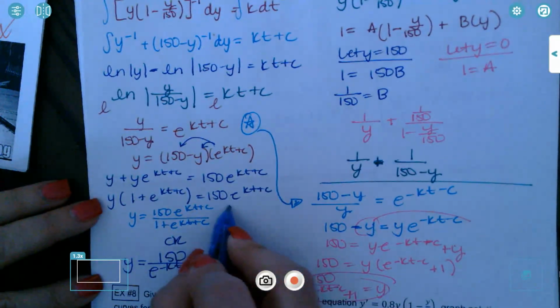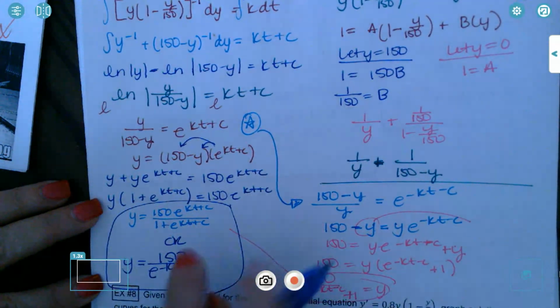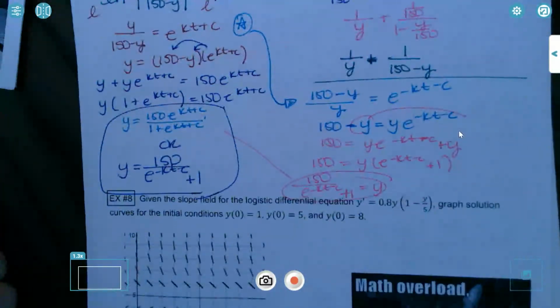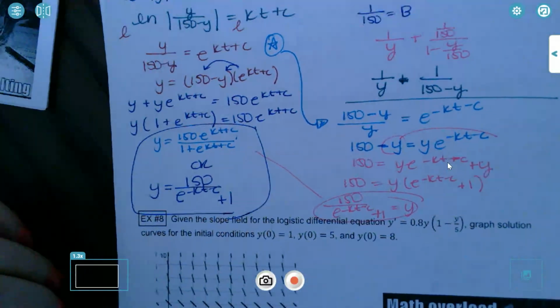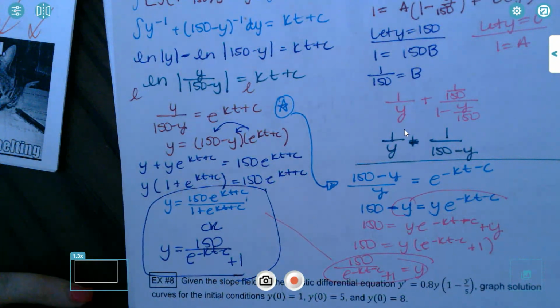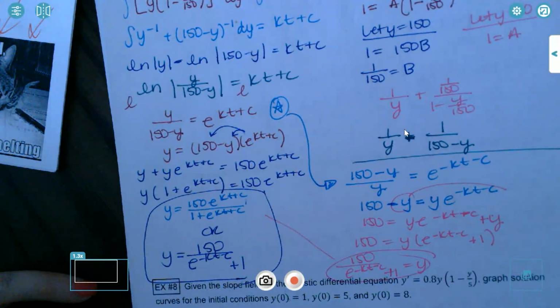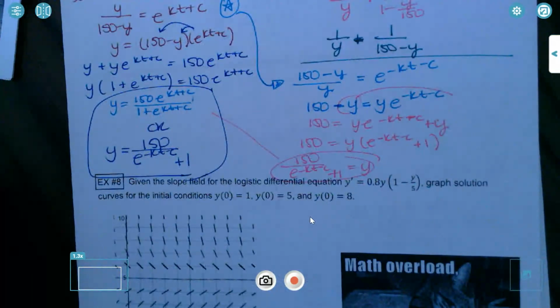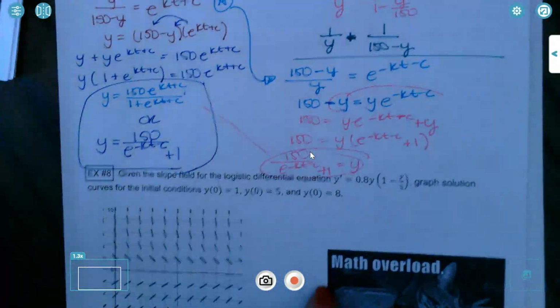You could have manipulated this to turn into this, either way. So much going on with my arrows and which way we needed to go. This is one of the more difficult ones, that's why I did not put one of those on your assignment for your asynchronous day.